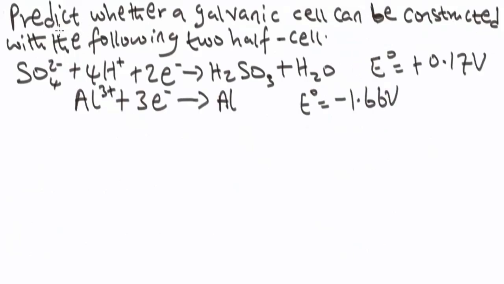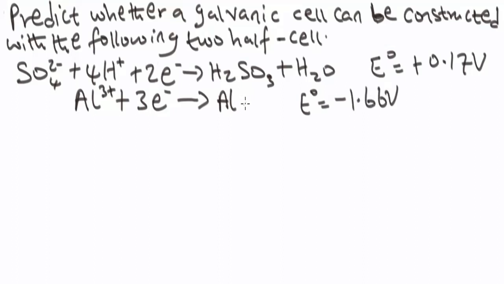Okay, so let's look at this problem. It says predict whether a galvanic cell can be constructed with the following two half cells. So as usual, the half cell with the least electric potential will serve as the oxidation half cell, since the two half cells you're given are usually in reduction form. So the least electric potential here is minus 1.66 volts.